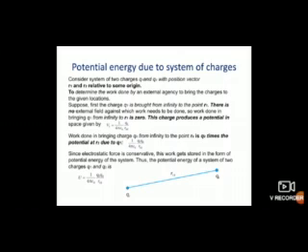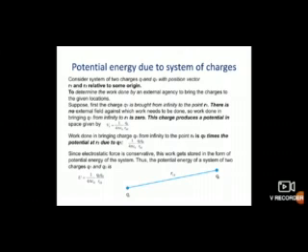Consider the system of two charges Q1 and Q2 with position vectors R1 and R2 relative to some origin. So Q1 is at some distance R1 from the origin, and Q2 is at some distance R2 from the origin. Now we are going to determine the work done by an external agency to bring the charges to the given locations, that is, the charges are separated by distance R12.